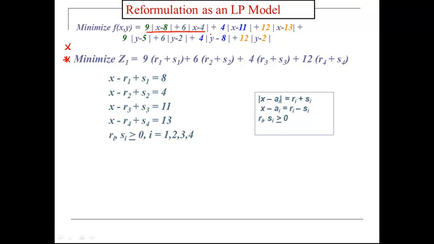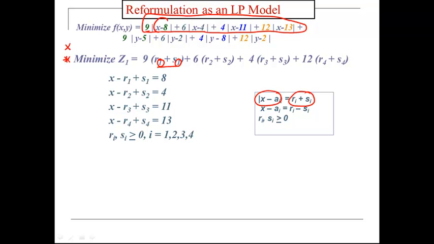So we are trying to separate the model for x, and we are substituting using this formula. So x minus a will now be in terms of the first facility.